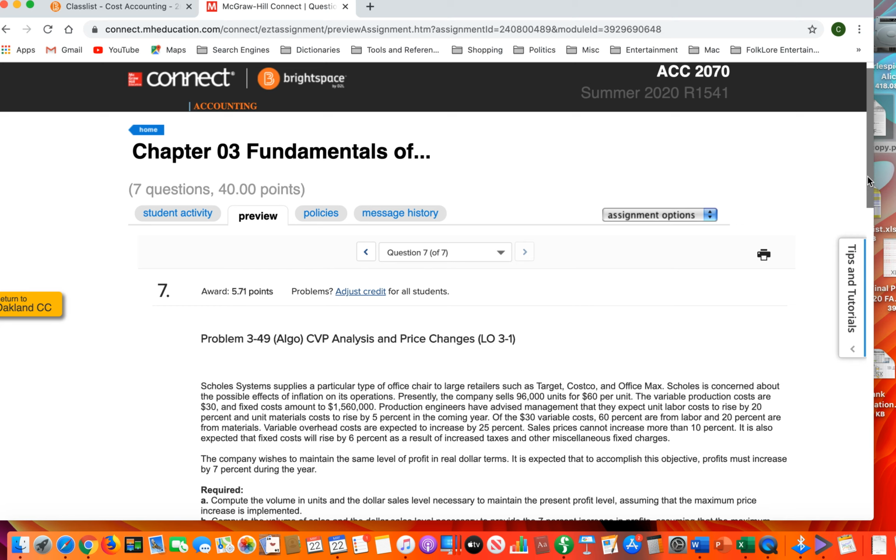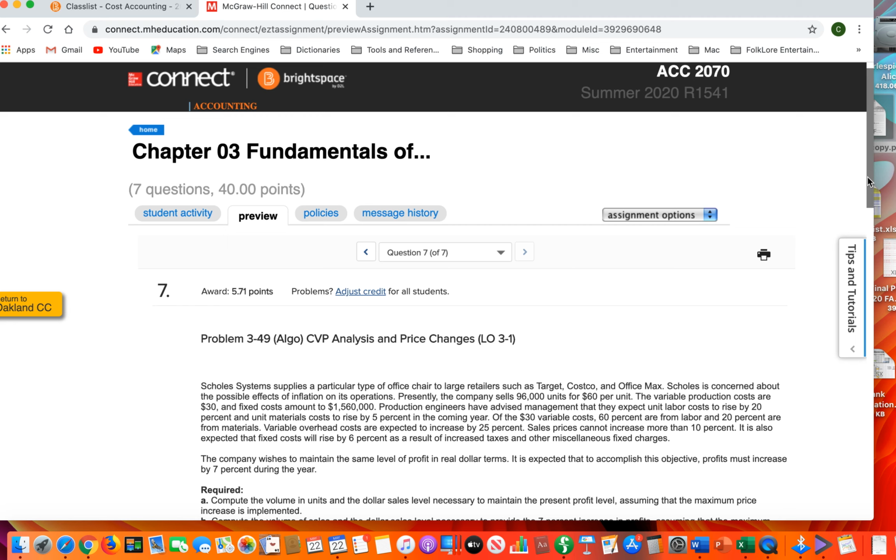Let's increase that too, but we want to keep that same operating income of $1,320,000. Yeah, we're going to increase the price, but also our costs have gone up. Also, we still want to come away with $1,320,000 of operating income. So what do we have to do? How many units must we sell?